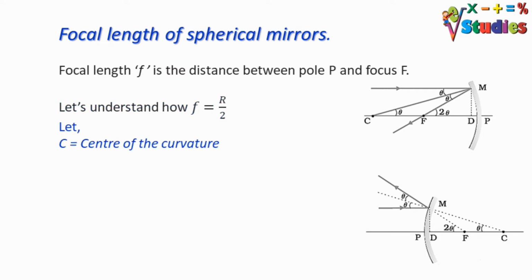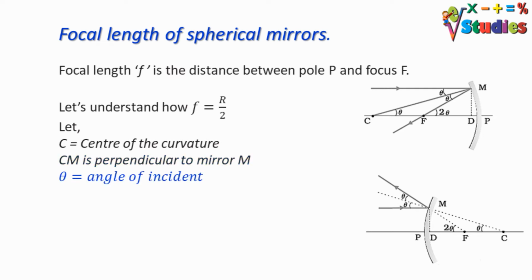Here we have been given two figures. The first one is for the concave and the second one is for the convex mirror. So in order to understand, let C be the center of curvature. CM is perpendicular to mirror at M. Remember, students, we have this curved surface, and we are drawing a line CM which is at right angle at that particular point M. Theta is the angle of incidence.